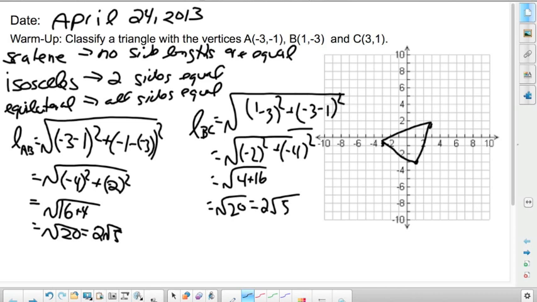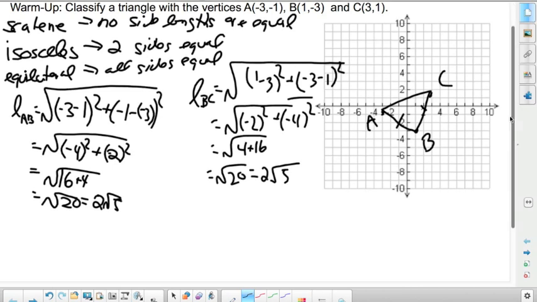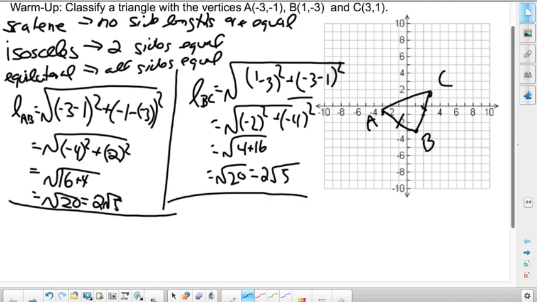Okay, so I did label it, so this was A, B, C. So basically we saw that these 2 sides are the same. And I would do the length of AC, the same thing. So square root of -3 squared plus -1 minus 1 squared.